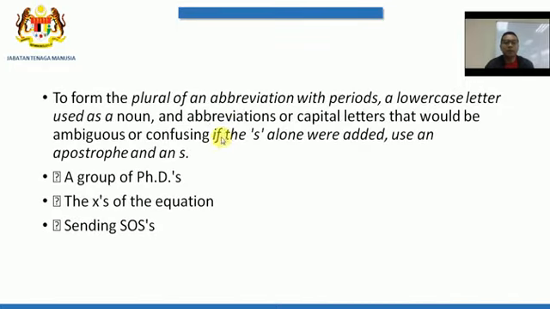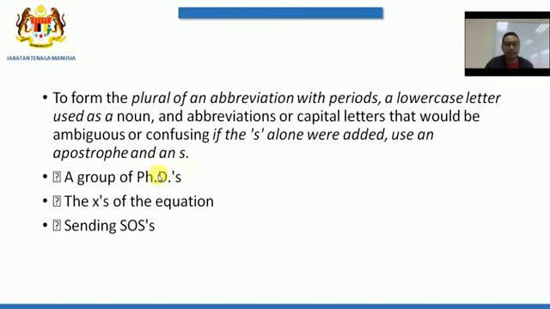To form the plural of an abbreviation with periods, a lowercase letter used as a noun, and abbreviations or capital letters that would be ambiguous or confusing if the s alone were added, use an apostrophe and an s. Right?